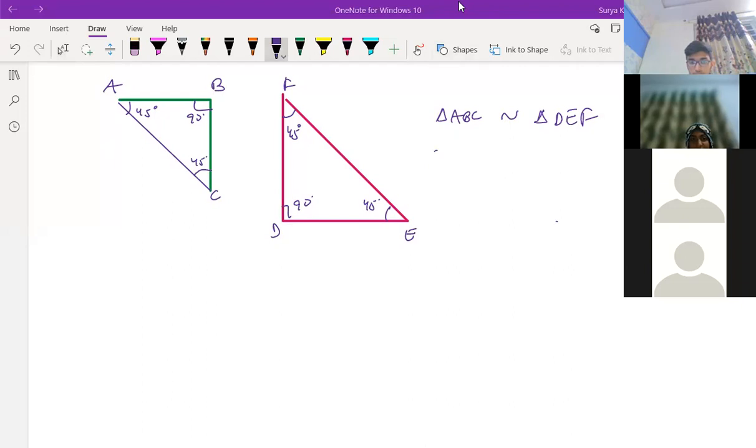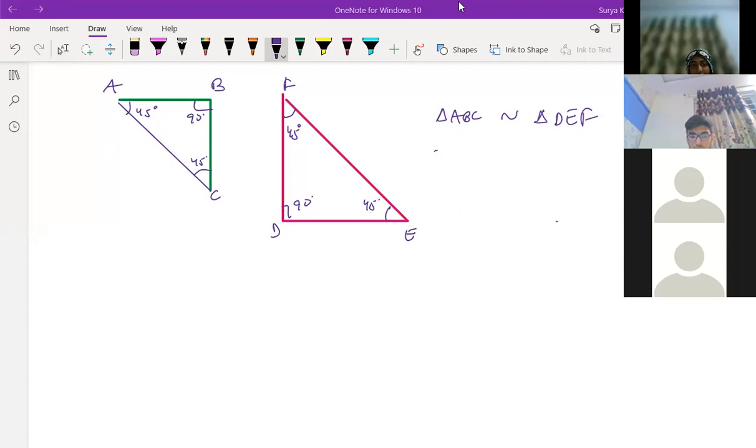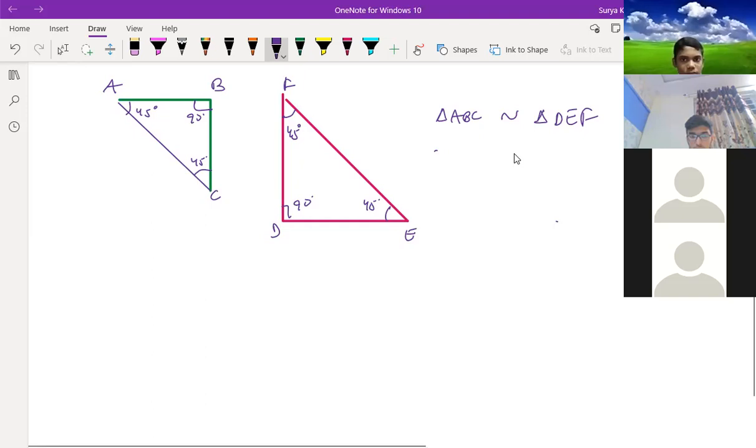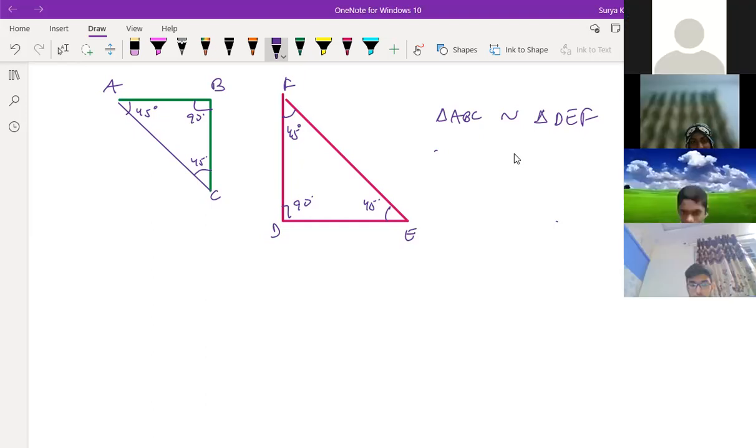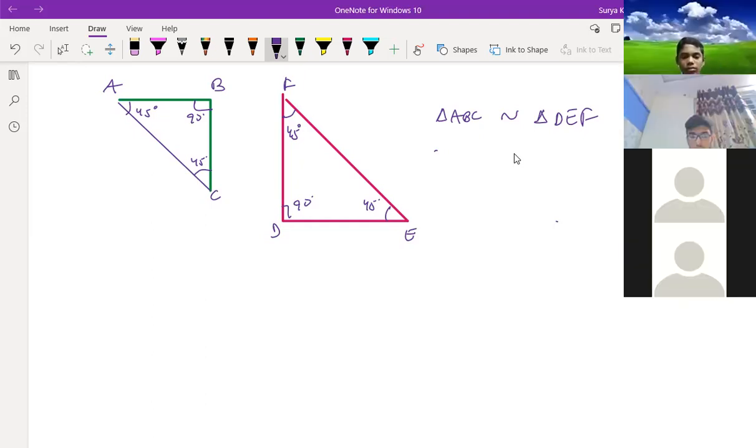Sir, all the angles are equal, 90, 90, 45, 45, 45, 45, so by the triple A rule it's obviously going to be correct. See, actually, Praharshan, that is the only concept I'm telling right now. See, the concept actually here is what you know.